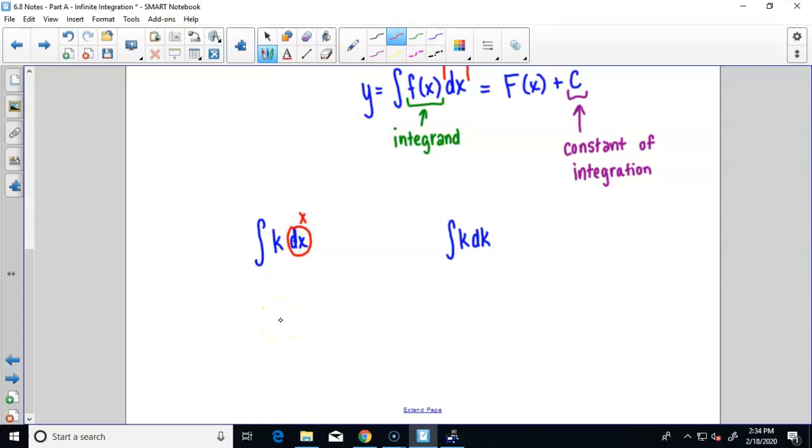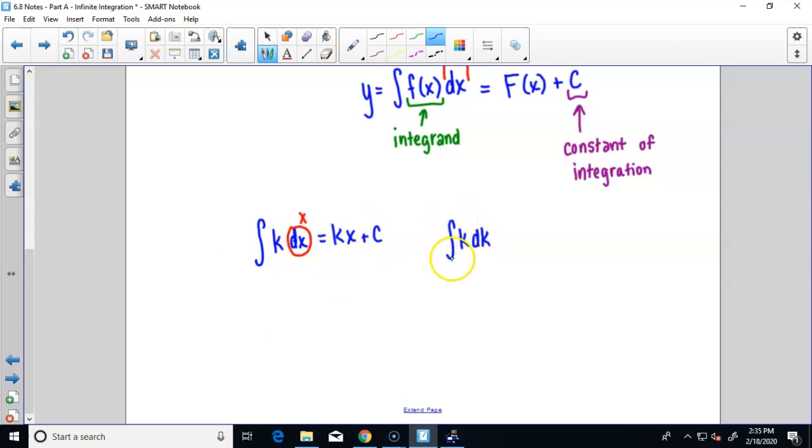So that means we treat any other variable like it's just a constant, right? So if I integrate this, what would have a derivative of just k? kx. So this would be kx plus c. We put a plus c because you can have any constant added to the end right there. If you take the derivative of k times x and you're treating k like it's just the constant, then you would have k as your derivative, so this would work.